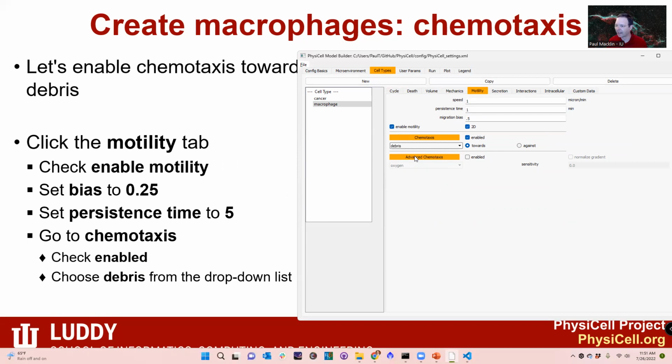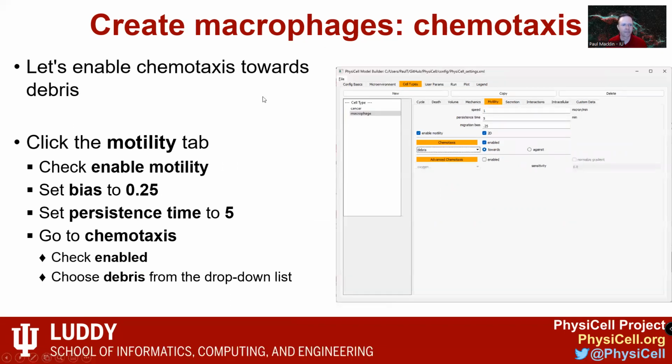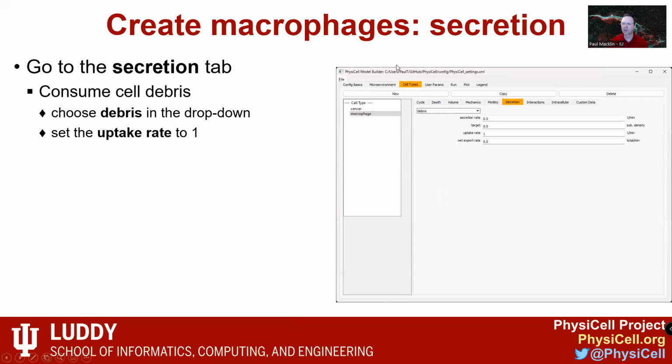Now, there is no debris yet, but when there is, they'll be ready. So macrophages: motility on, chemotaxis enabled, and we have selected from the drop-down that they are going to go towards gradients of debris. So click Save. So far this is still mirroring the intermediate workflow, but we'll be set up for when we're ready.